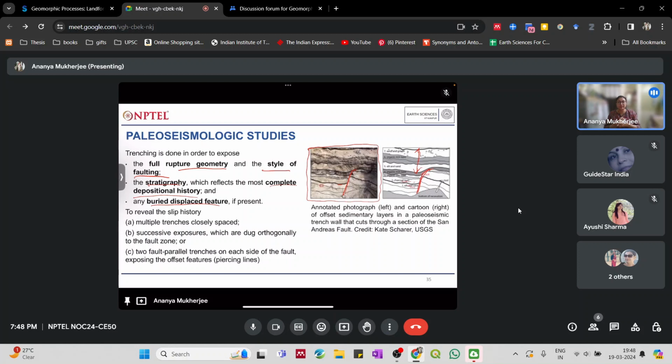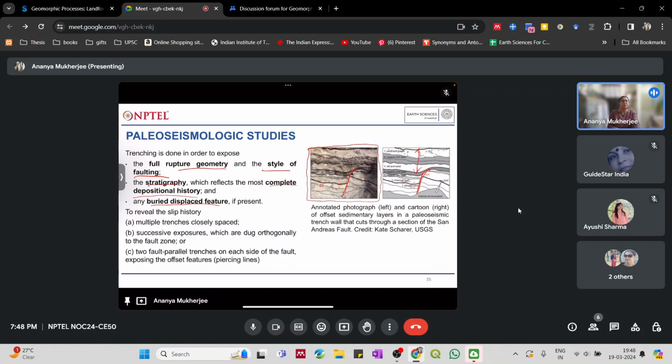So to reveal the slip history, we need multiple trenches which are closely placed, hopefully along the fault line that is present, and successive exposures are, as I said, orthogonally cut to the fault zone.